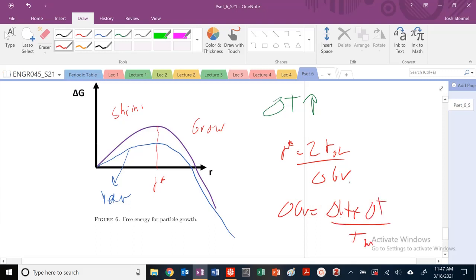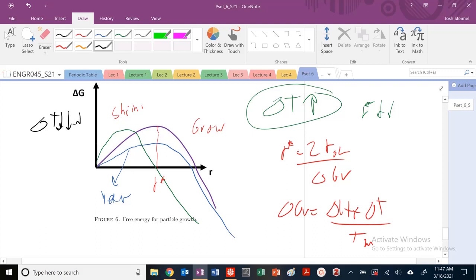So if I increase my delta T, right here, my R star is going to decrease dramatically because I want to grow more. So that curve could potentially look like this. And then if my delta T decreases, again hotter, not colder, my critical radius is going to grow dramatically because of that inverse relationship. So it would look probably something like this.